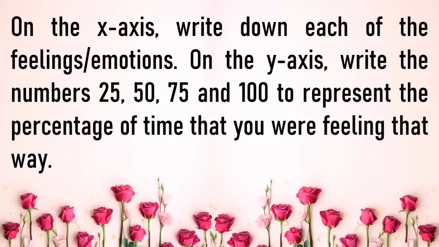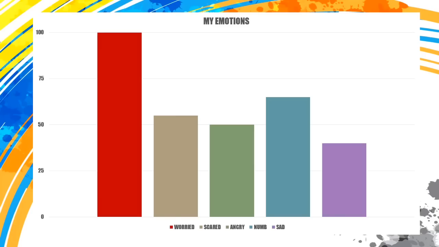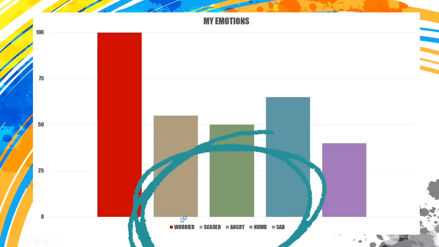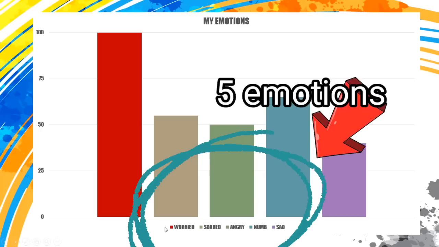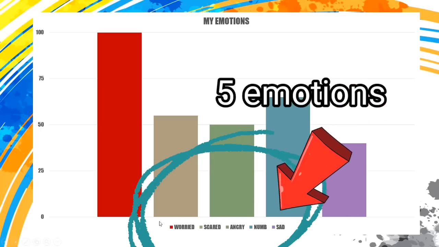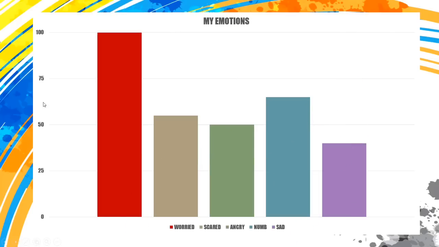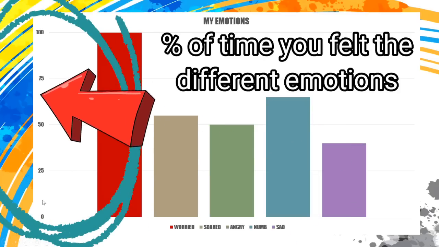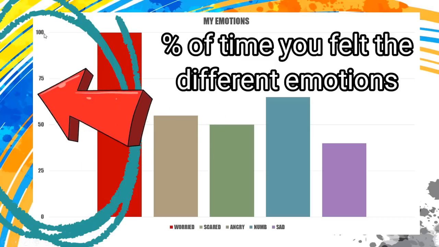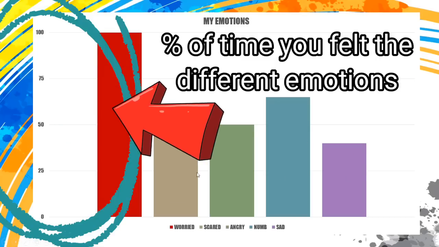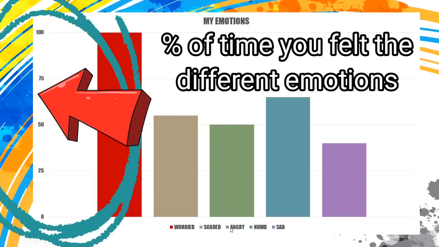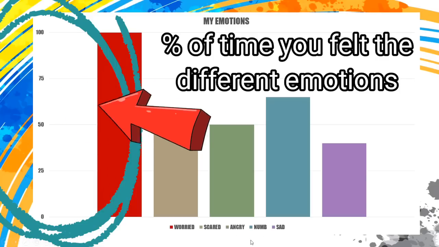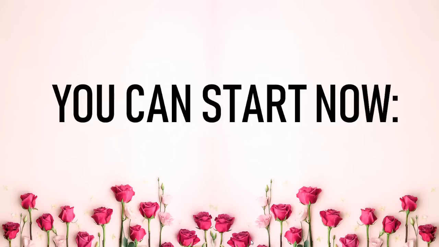Again, on the x-axis, below, you will be writing the five emotions that you experienced the past few days or months. And on the y-axis, you will write 0, 25, 50, 75, and 100. And then you will start to graph how much percentage your chosen emotions will represent. You can start doing it now.